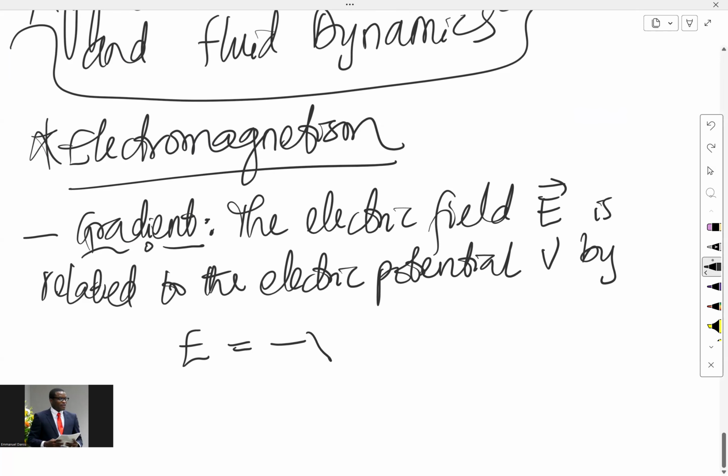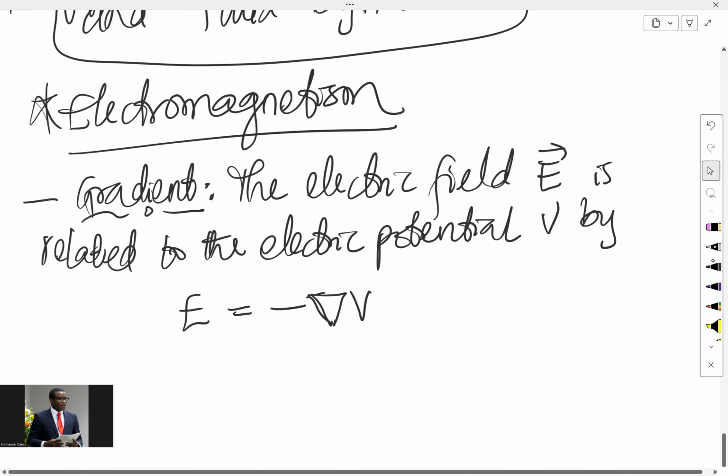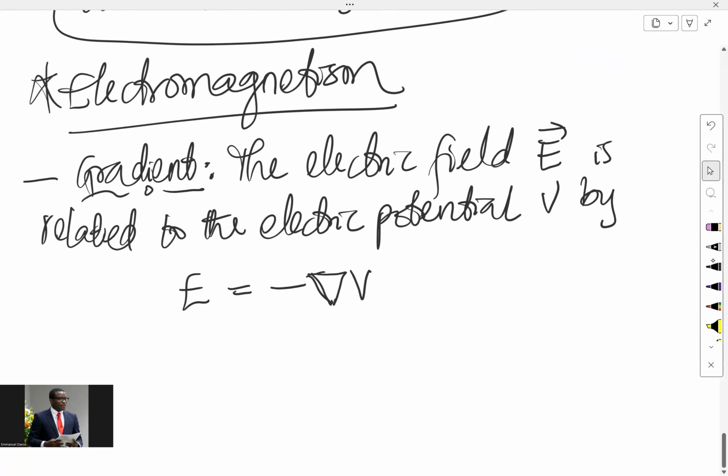The electric field E is related to the electric potential V by E equals minus del V, or minus grad V, if you like.